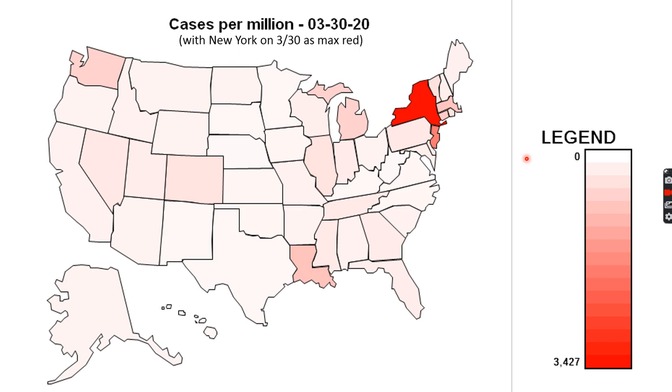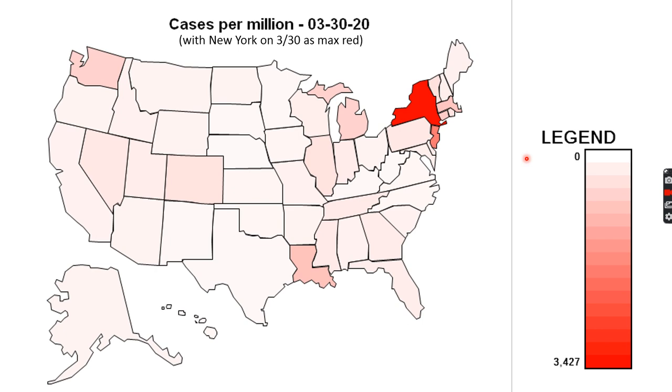Okay, so the maximum red in this map is going to be New York on that given date. So we're going to see how each state is doing relative to New York. Okay, so March 30th, New York was really bad. March 30th, New York was already reaching and overwhelming its hospital infrastructure.